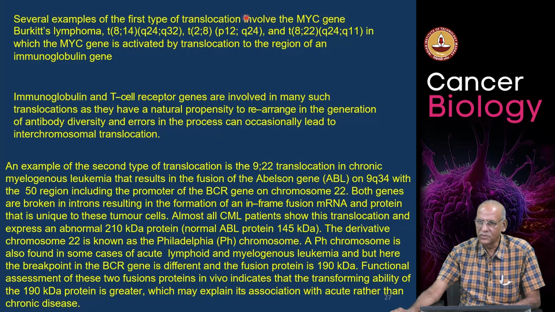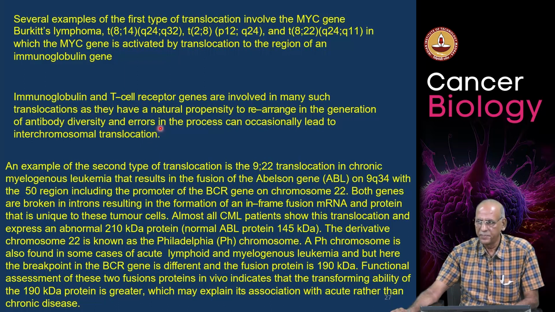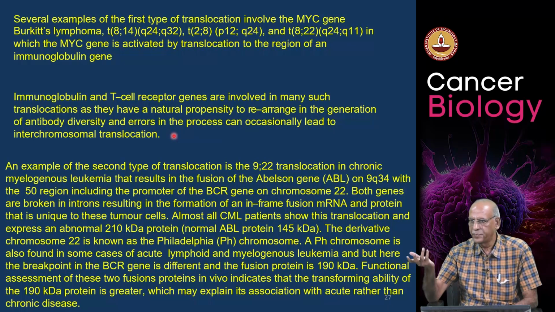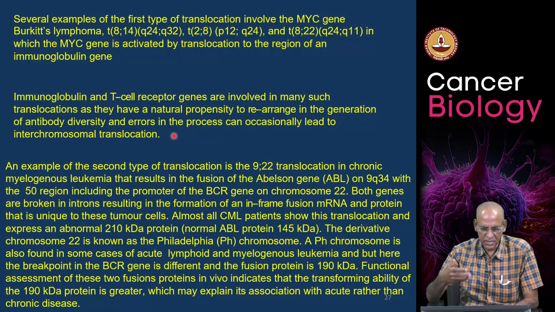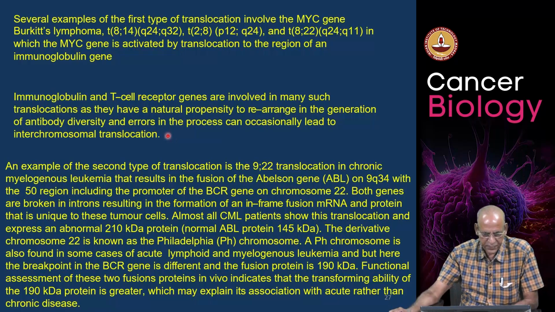There are different chromosomes that can get these alterations, in which the MYC gene is activated by translocation to the region of an immunoglobulin gene. In the immunoglobulin also, if you remember the immunoglobulin formation, there is this genetic rearrangement. That is the reason why we are able to produce multiple antibodies. So, that mechanism also may give rise to some of the oncogenes.